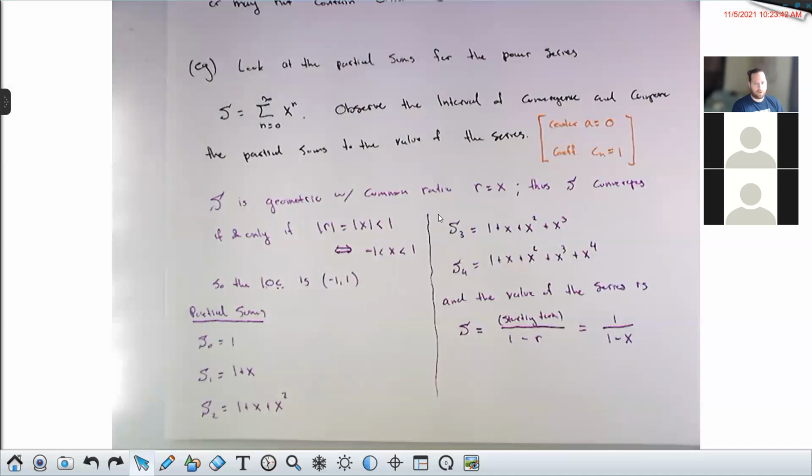We're talking about all of these functions, these partial sums, having graphs that get closer and closer and closer to this graph. And the catch is that this will only happen on this interval. Outside of this interval, these partial sums will not get closer and closer to this. But within this interval, these partial sums will get closer and closer to this.